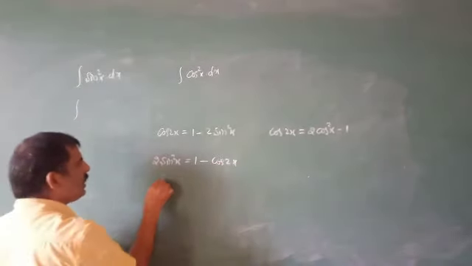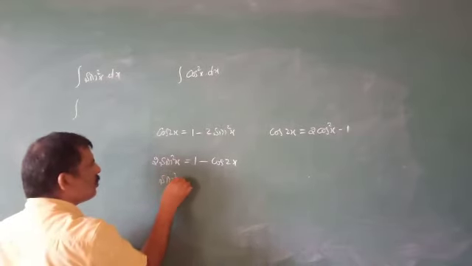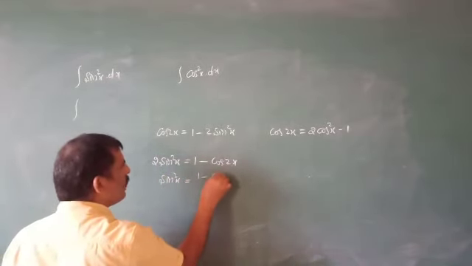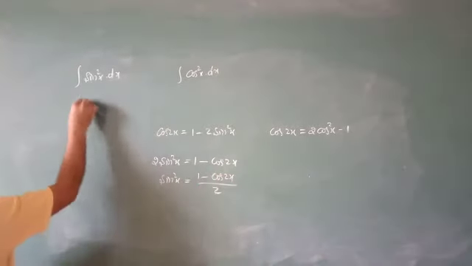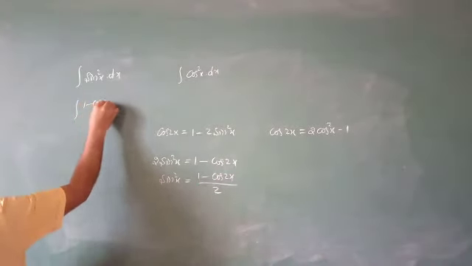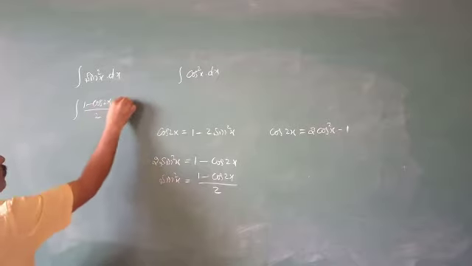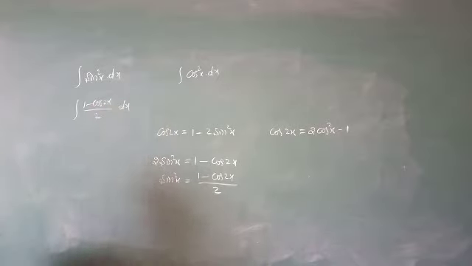If we want only sin square x, we don't need the 2, so it is 1 minus cos 2x divided by 2, with respect to x.